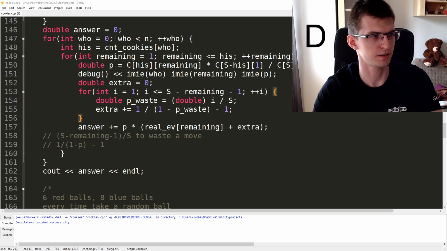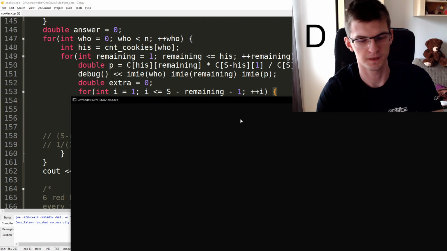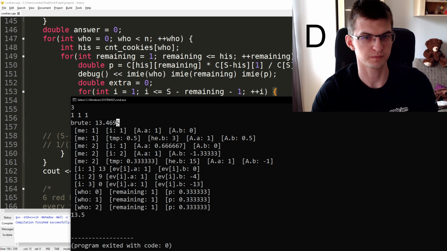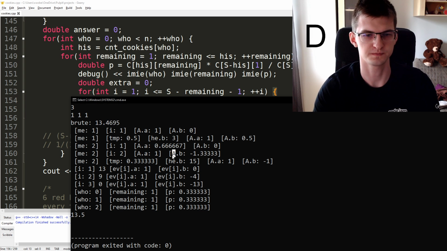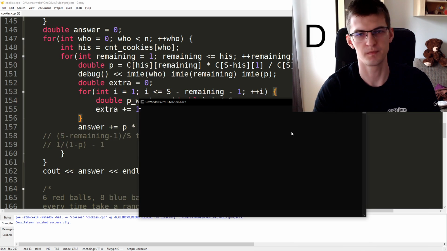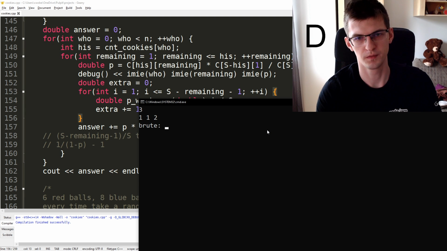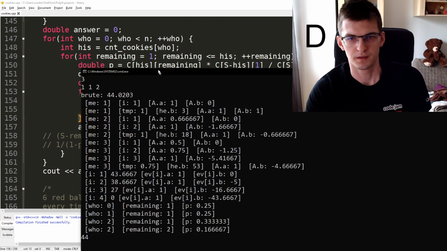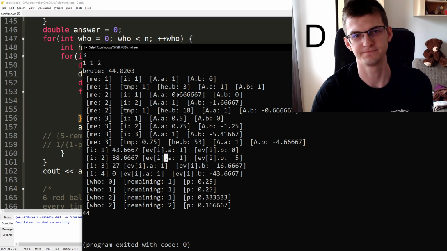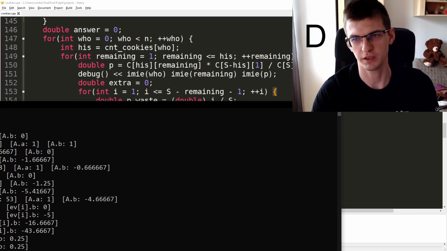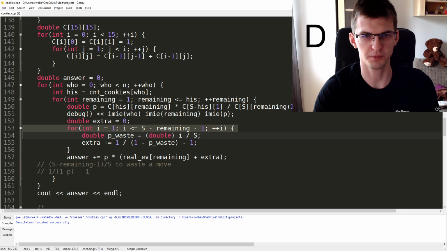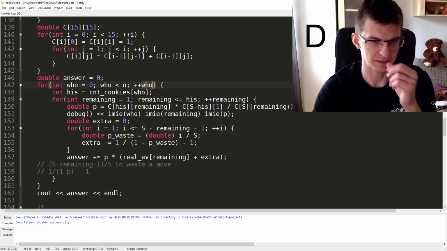Two is correct. Now what about 13.5? This is also 13.5. For 44. I think we're done with the quadratic solution. Well, for a moment it's cubic here, but it doesn't matter too much.